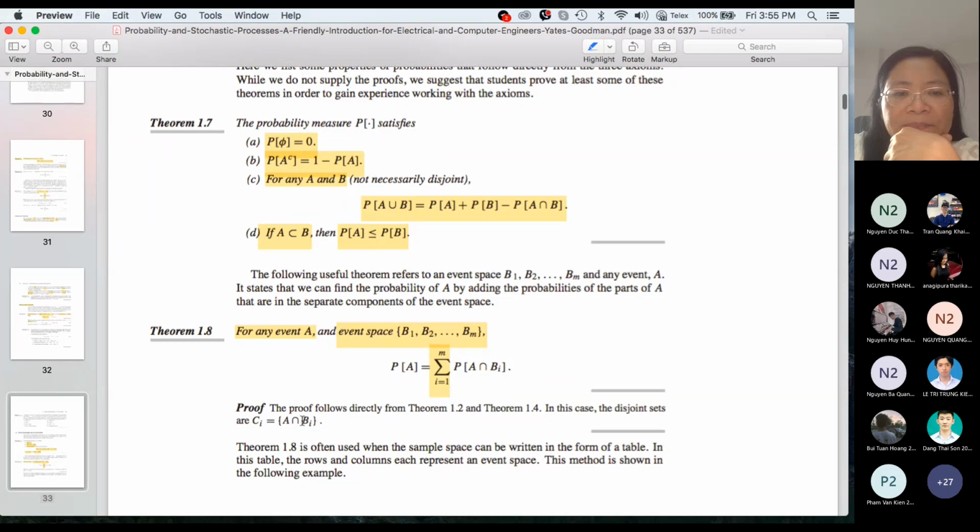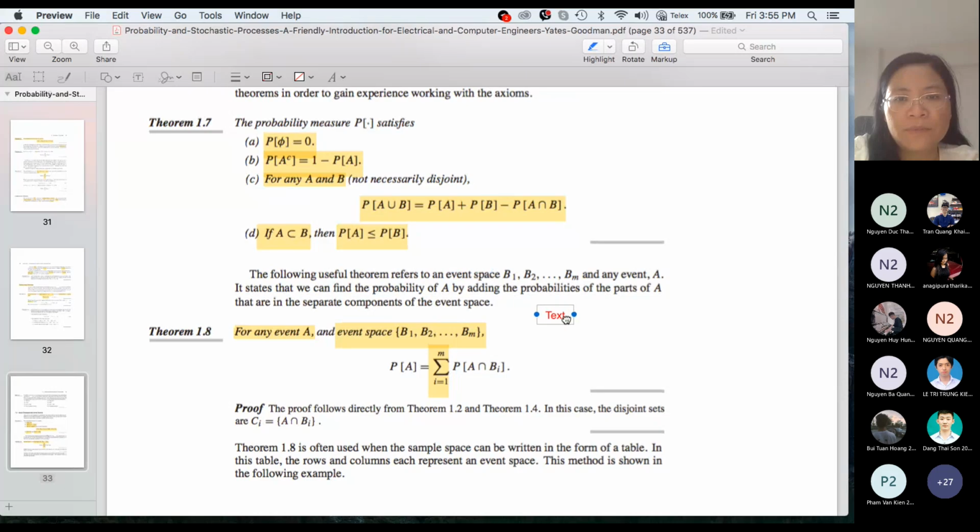To prove this theorem, do you remember? B1 to Bn are mutually exclusive events. An event space satisfies two properties. First, B1, B2, up to Bm are mutually exclusive, meaning Bi intersection Bj equals the empty set, and second, B1 union B2 union up to Bm equals the sample space, right?